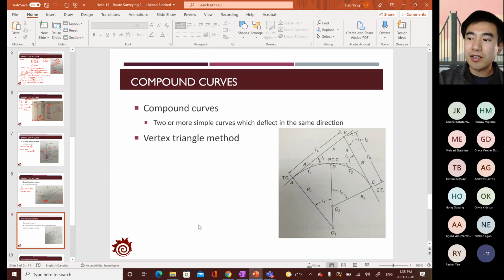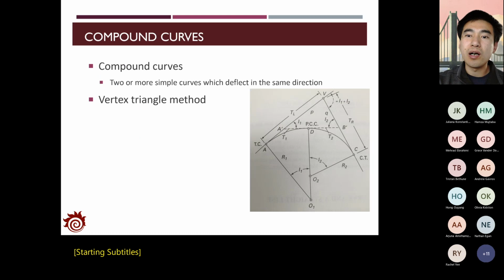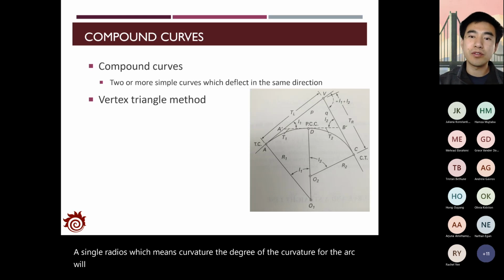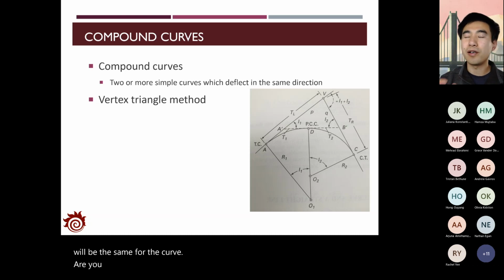But the topics we introduced previously only focus on a single radius, which means that the degree of the curvature for the arc will be the same for the curve. In reality, there will be many different requirements.